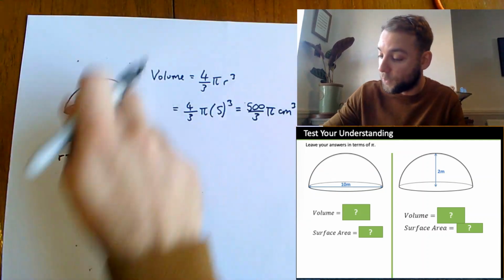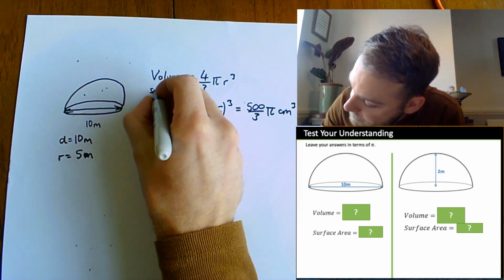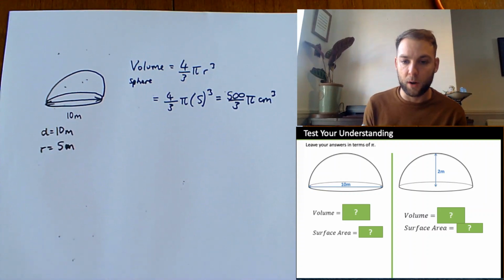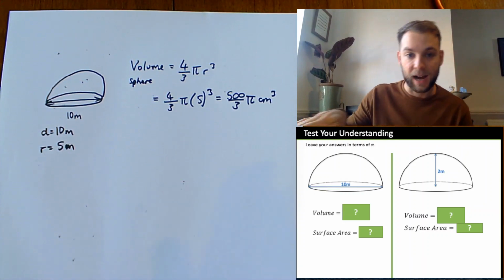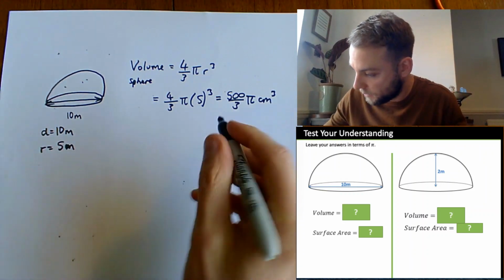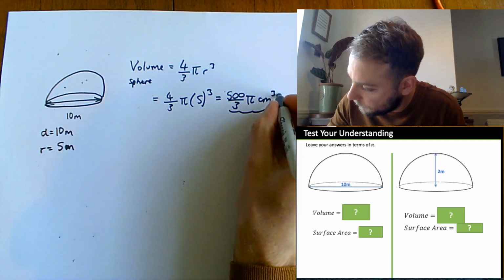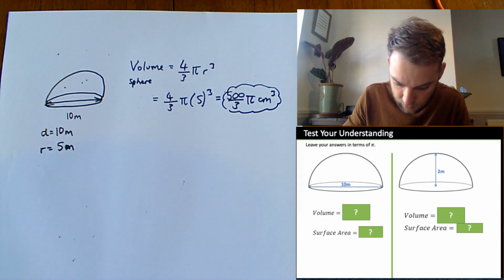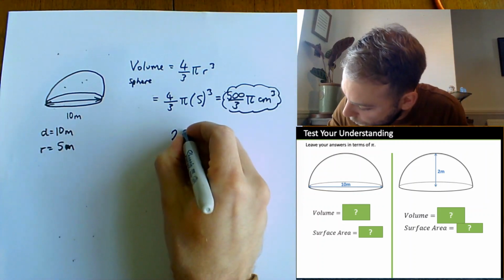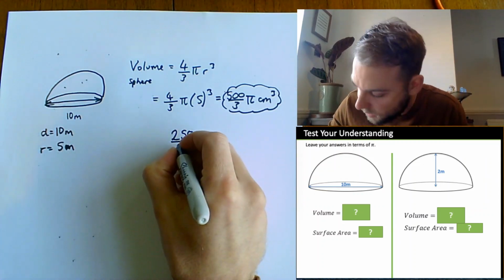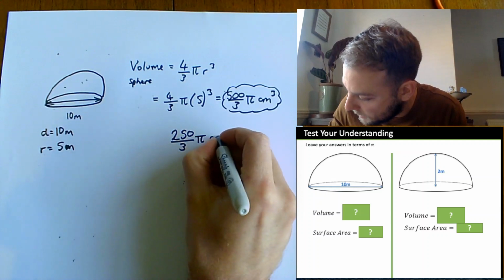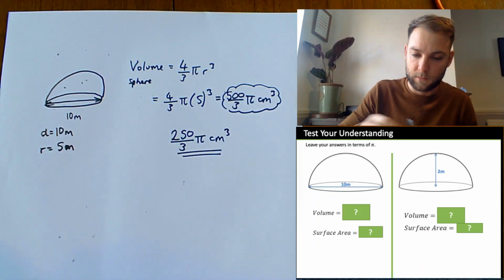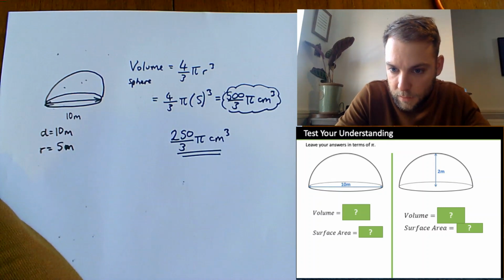But that's the volume of a full sphere. Remember, if I want the volume of a hemisphere, I need to halve this. So it's going to be this answer here divided by 2, which is equal to 250 over 3 pi centimetres cubed. So that's that first one.